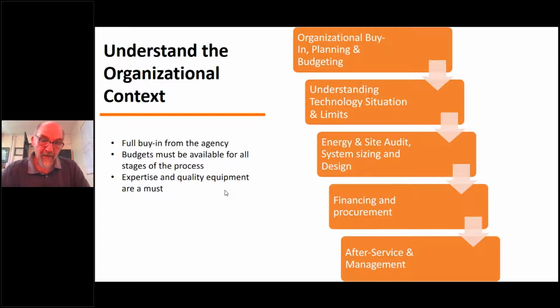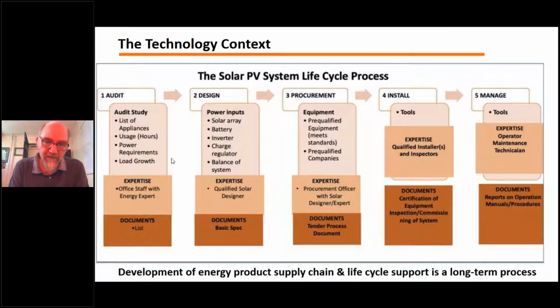A lot of times the procurement methodology fits generators a lot more than it fits solar equipment. So we need to get that financing and procurement step in place. And then there has to be after-service and management of the system. So that needs to be in place. That's the organization of the humanitarian agency.